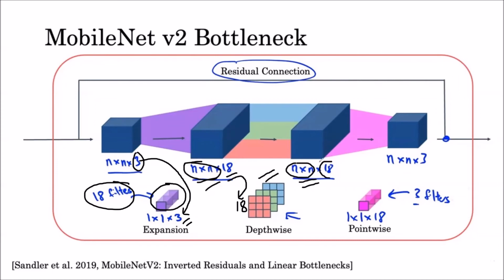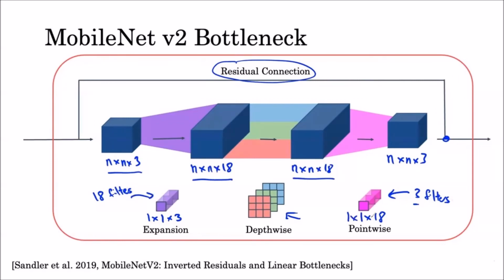And the number of channels is also 18 because we are using 18 filters. After that, we are using a pointwise convolution. This time it is 1 by 1 with 18 channels because the input has 18 channels, so this filter also has 18 channels. We are considering 3 such filters. So the output is n by n by 3.